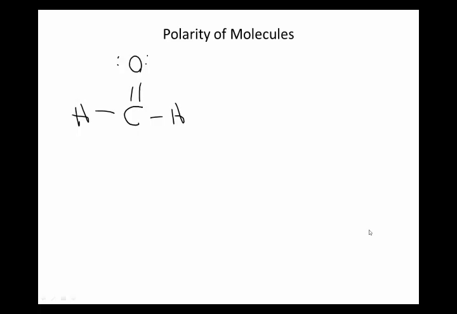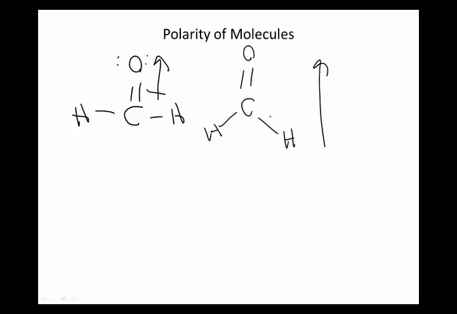Hopefully you said carbon a little bit, but they're considered not polar. But oxygen is more electronegative than carbon, so what we have is a net movement that way. Right? We also have to take that shape into account. It's trigonal planar. Right?